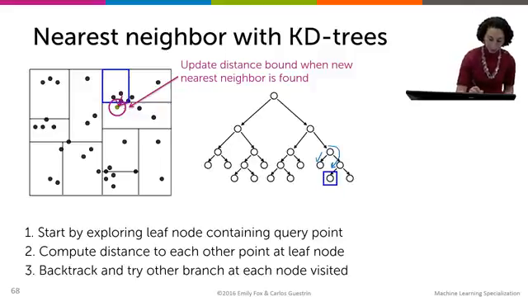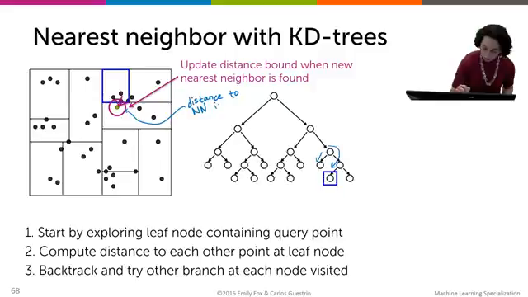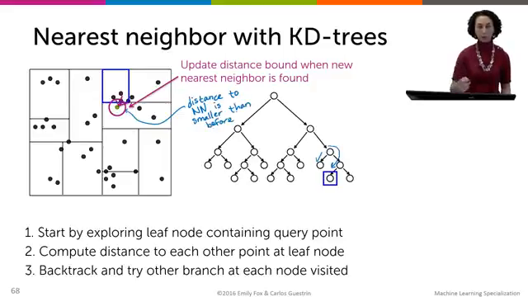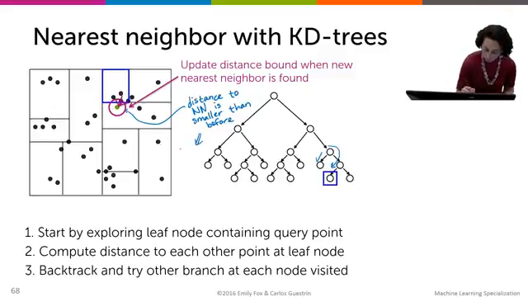In this case, the distance to this nearest neighbor is smaller than what we had before. So this becomes our new nearest neighbor, and this becomes our new distance to nearest neighbor. And then we continue searching.